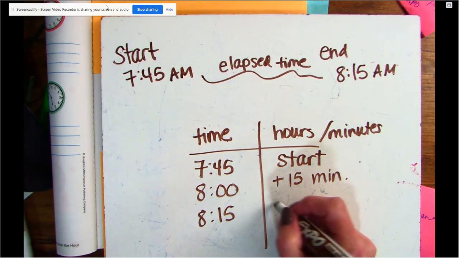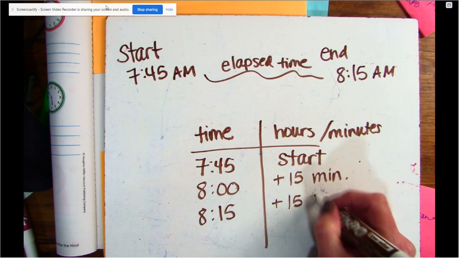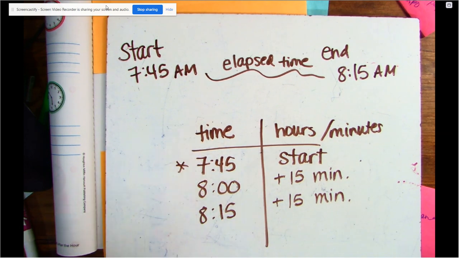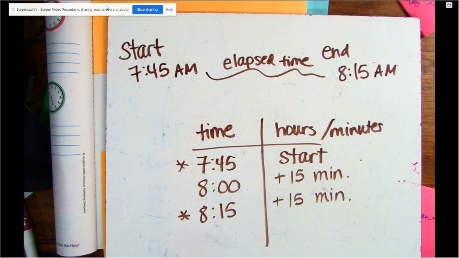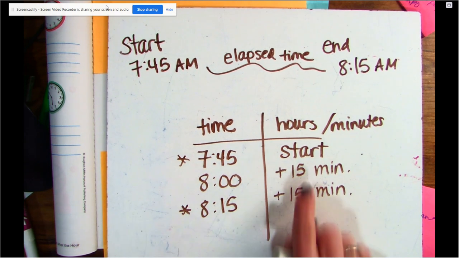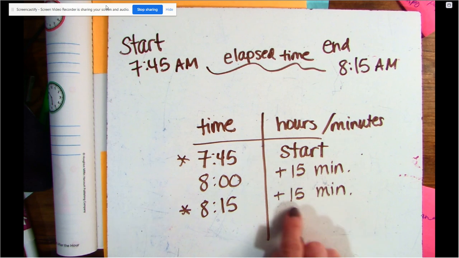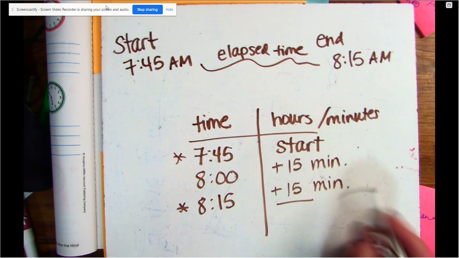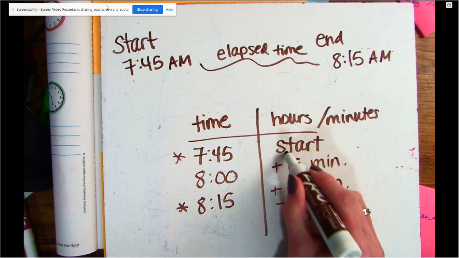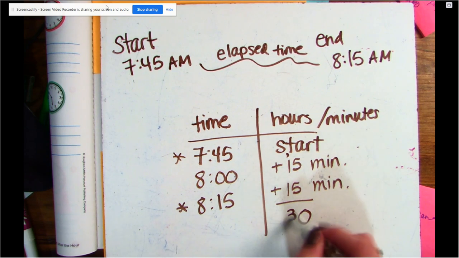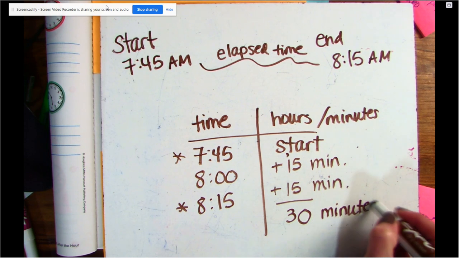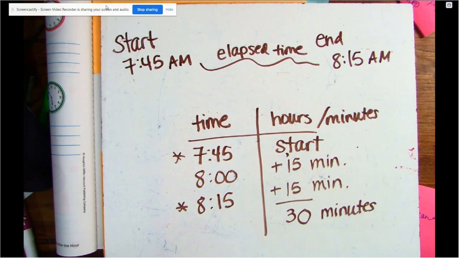Okay, so let's add another 15 minutes. Here's my start. Here's my end. I don't need to go any further. So I need to add 15 minutes plus 15 more minutes. If I do that, I have 30 minutes. It's not even a whole hour, right?